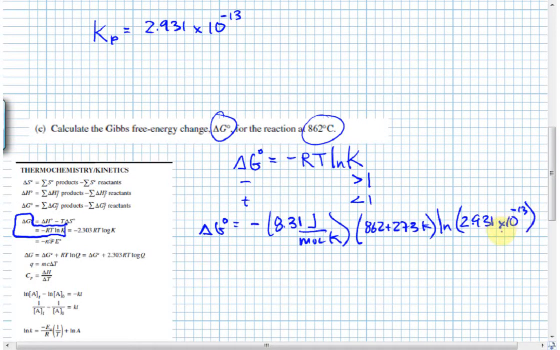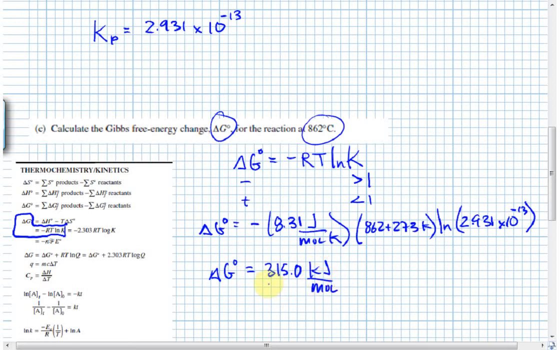Notice K is much, much less than 1. Log of K is going to be negative. Delta G is definitely going to be positive. When we do the calculation, delta G 0 has a value of 315.0 kilojoules per mole.